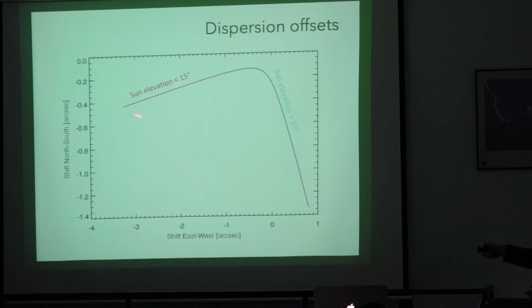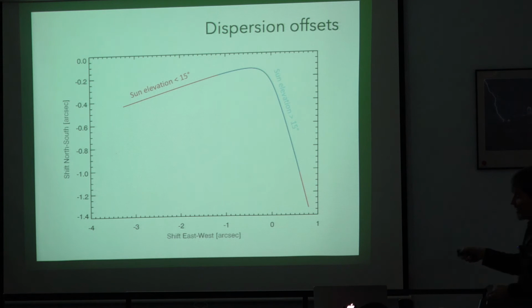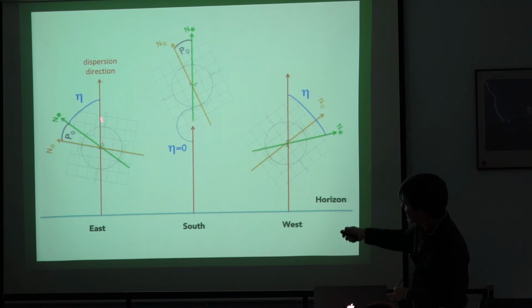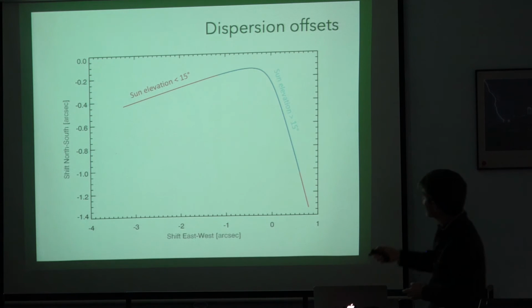And so when the sun is rising, now I have a shift primarily in the east-west direction, and my north-south shift is small in the morning, right? Because my dispersion direction was in the east-west direction on the sun. But as we get to noon, now the dispersion is going more north-south.